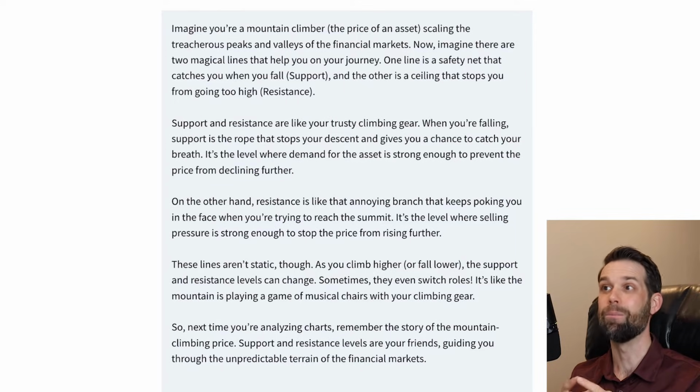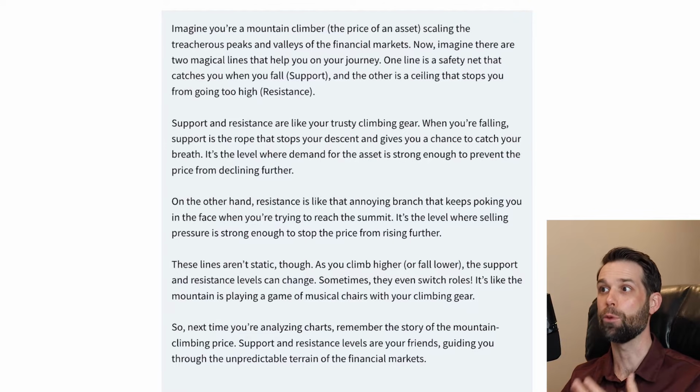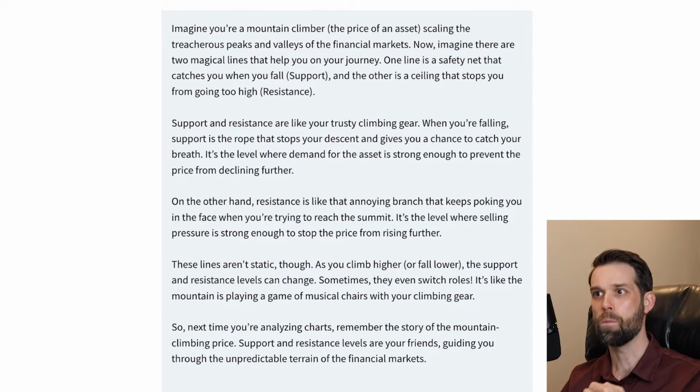It's the level where demand for an asset is strong enough to prevent the price from declining further. On the other hand, resistance is like that annoying branch that keeps poking you in the face when you're trying to reach the summit. It's the level where selling pressure is strong enough to stop the price from rising further. These lines aren't static though.